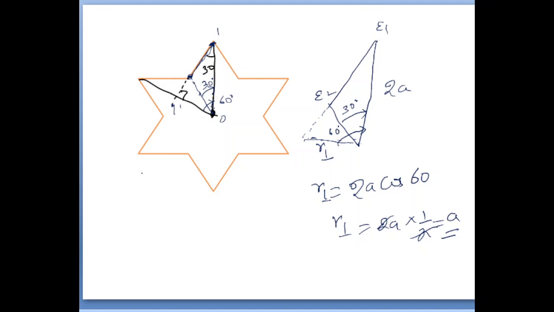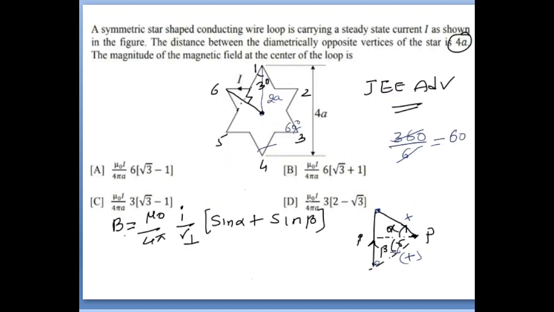Now if I substitute here in my formula, B equal to mu naught by 4 pi, I by r perpendicular a, sine of the first angle alpha, which is 60, plus sine 30. Now listen here, I told you in the previous case that these sign conventions are very important.